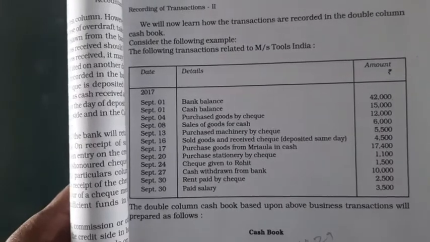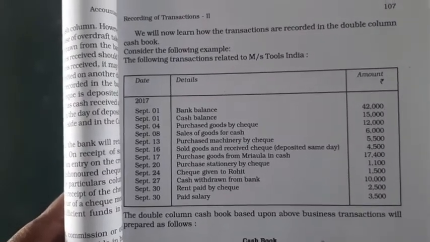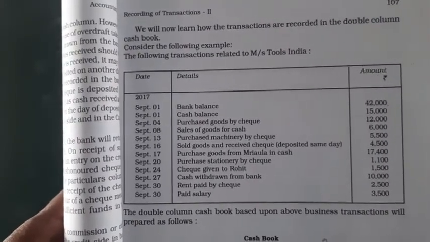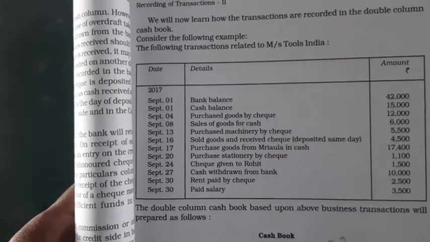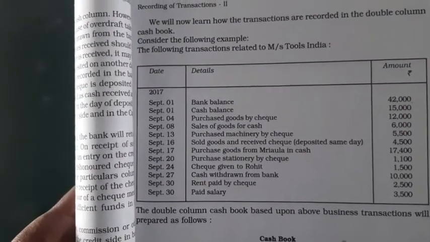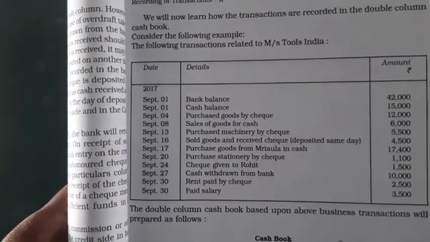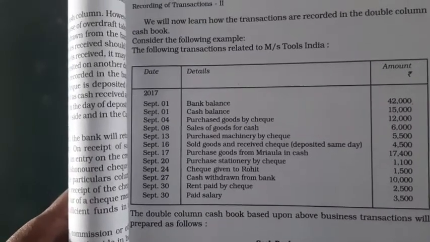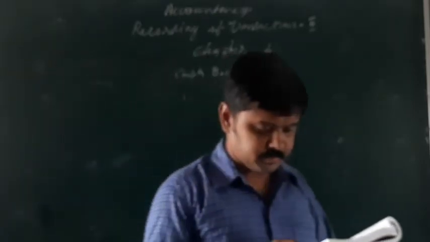On 4th, purchased goods by check, 12,000. On 8th, sale of goods for cash, 6,000. Just continuing the question.